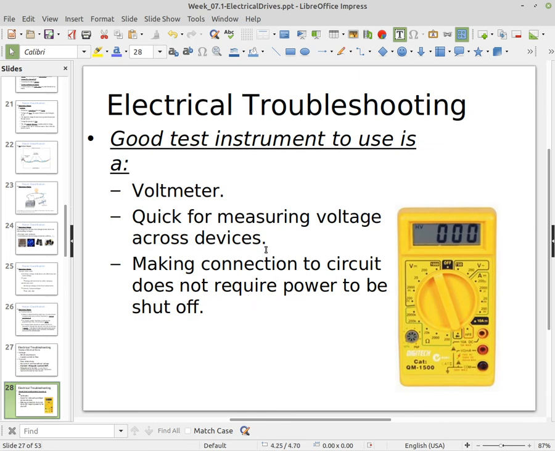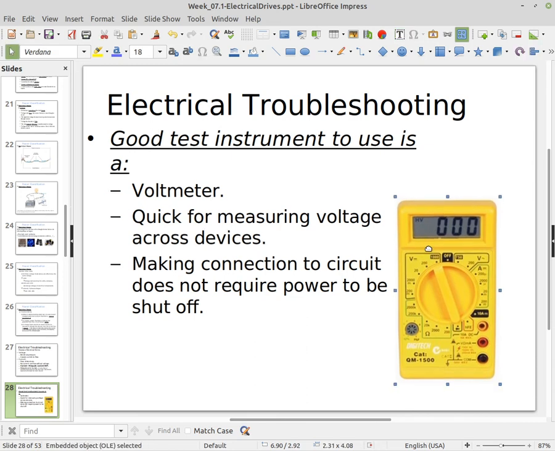Alright, so we can very easily test the voltage by using something called a voltmeter. This here is shown as what they call a DMM, a digital multimeter. It can measure voltage, both AC and DC voltage.